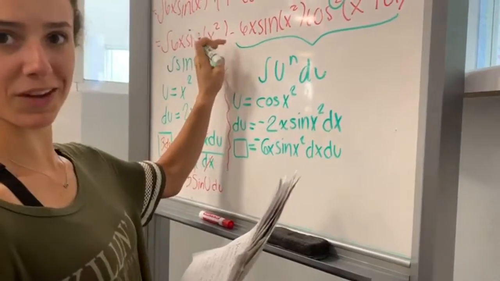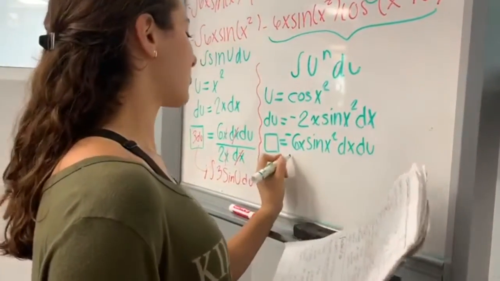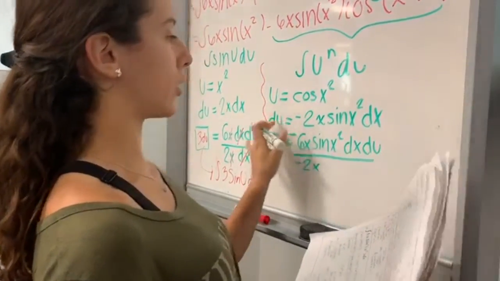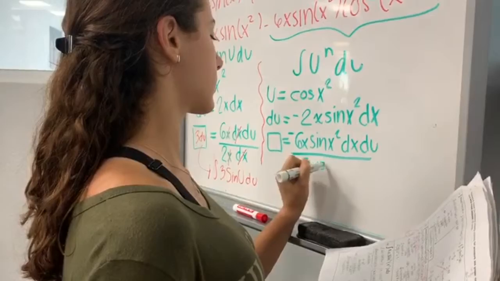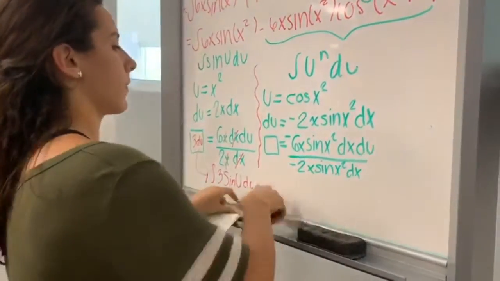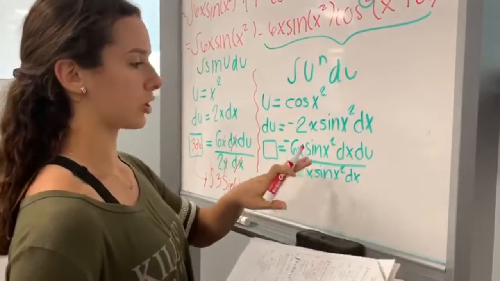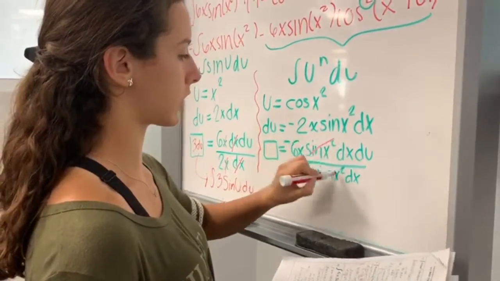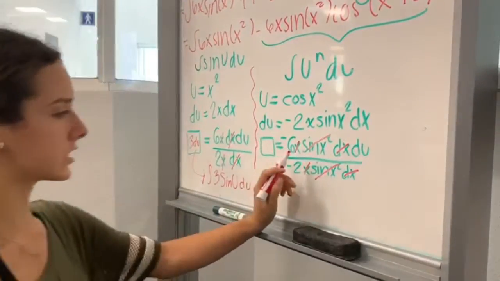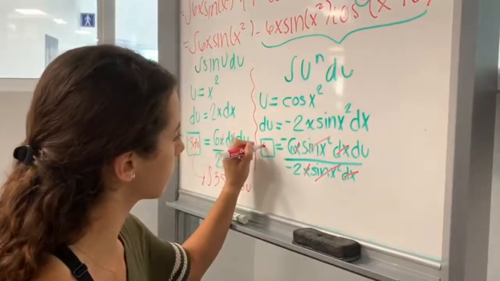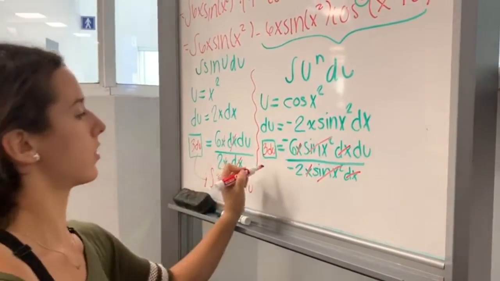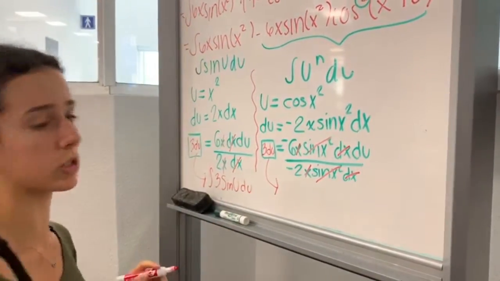Let's always remember the negative. And we start dividing. We write here the negative, we rewrite here our du, negative 2x sine x squared dx. And we cross out the information that cancels. So negative 6 divided by negative 2 is equal to 3 du. And we rewrite that information in order to integrate.